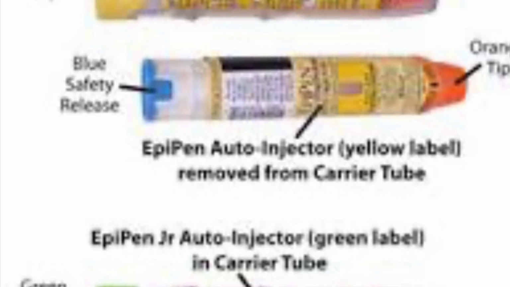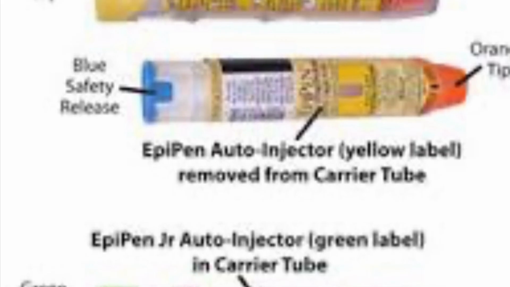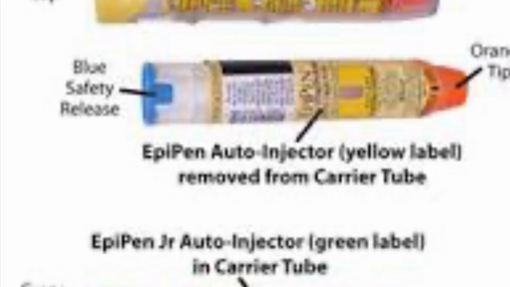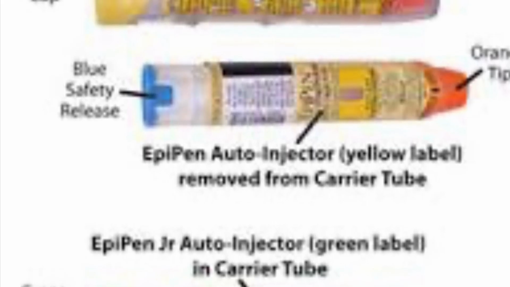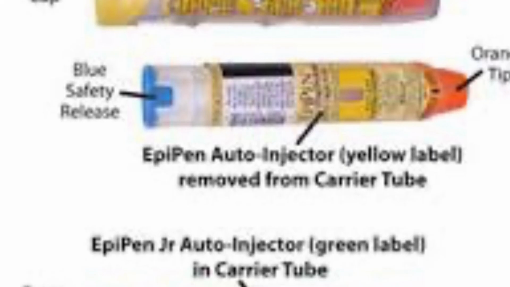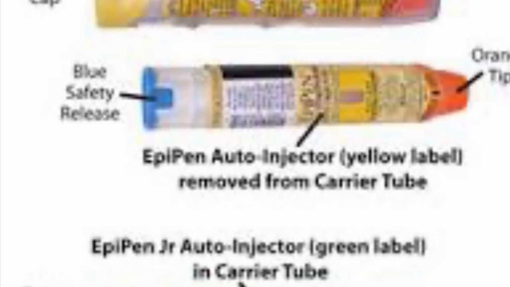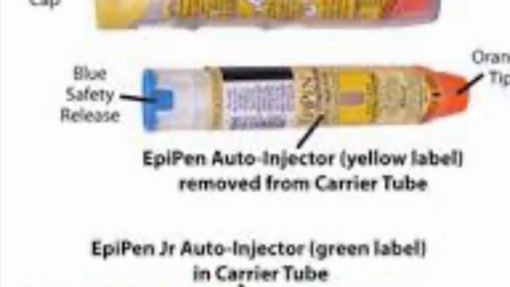I don't have a slide, but let me pull it up on here, because I think they did have a graph. They use the term MSM, which is males having sex with males.